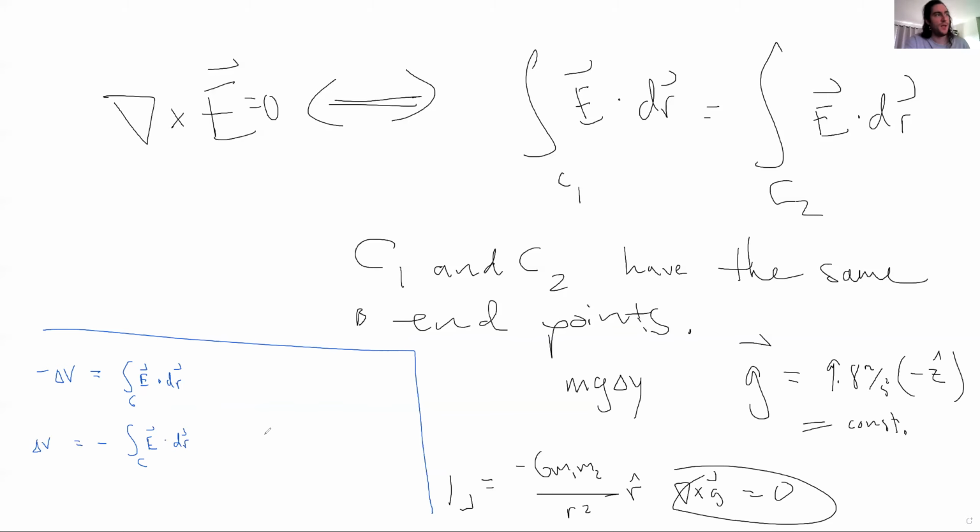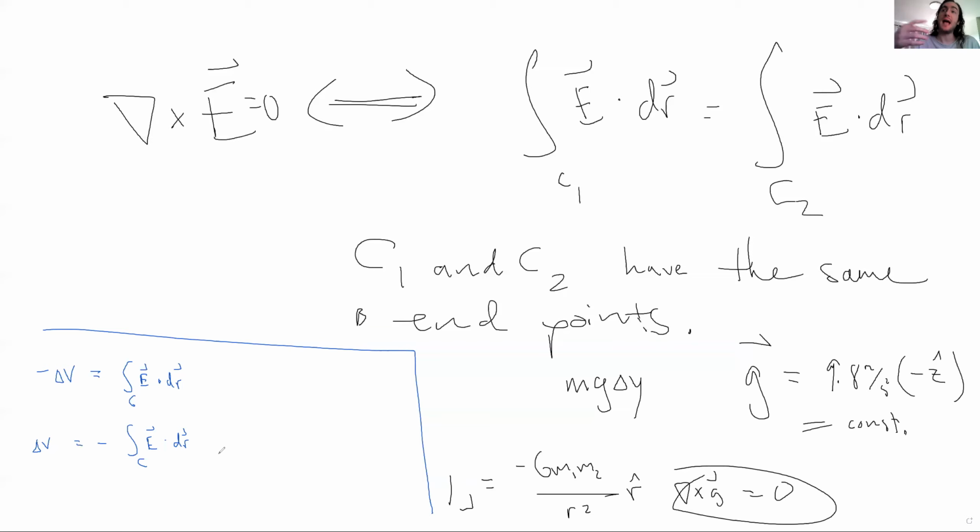Okay. And then I claim now that since the path does not matter for this path integral, the only thing that matters is the endpoints of the path.